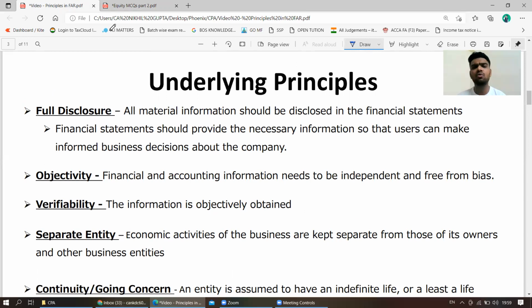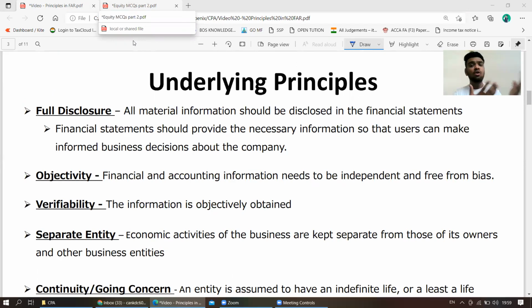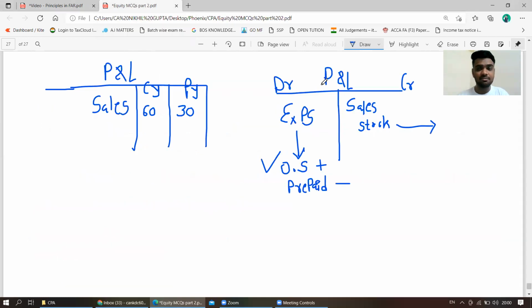Full disclosure is followed by accountability of the management, because shareholders don't know what's going on day in and day out in the company, but the managers are responsible to provide this data by way of financial statements. That's why the financial statements must include the notes to the financial statements, which is a detailed description. So, to follow full disclosure, we shall have the notes to the financial statements.